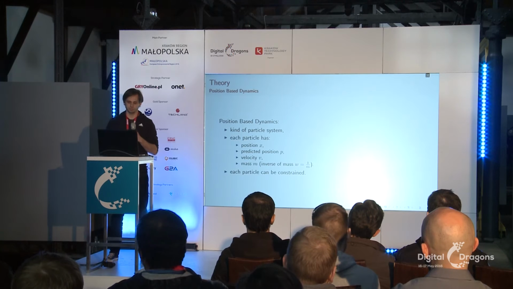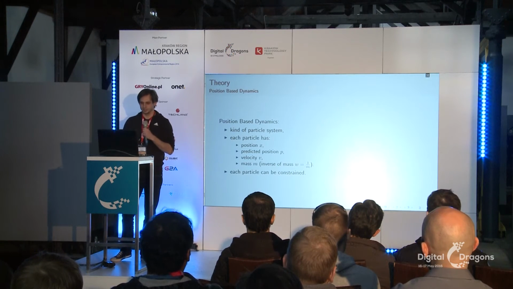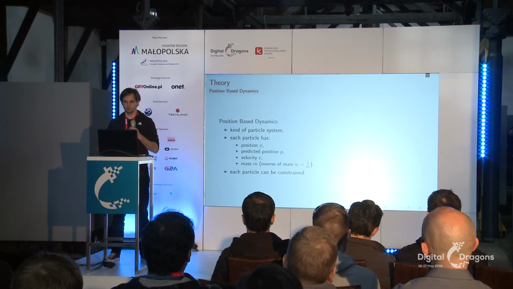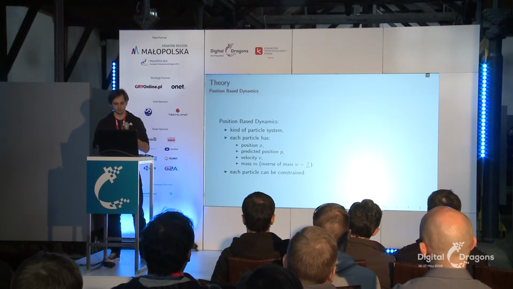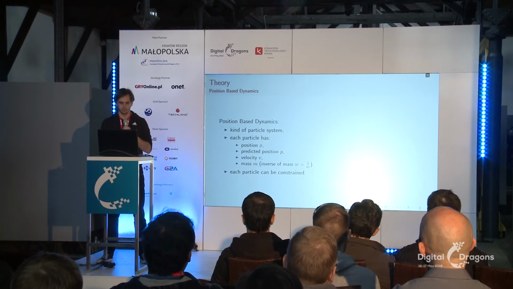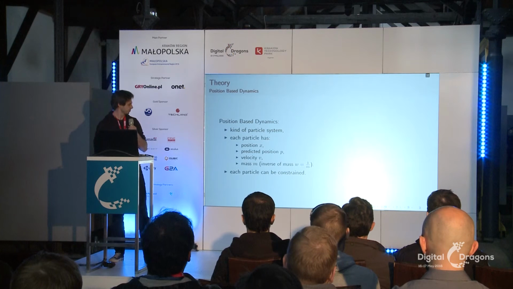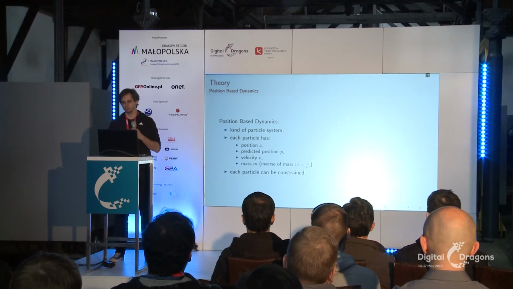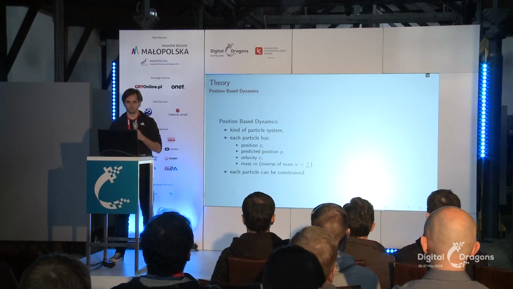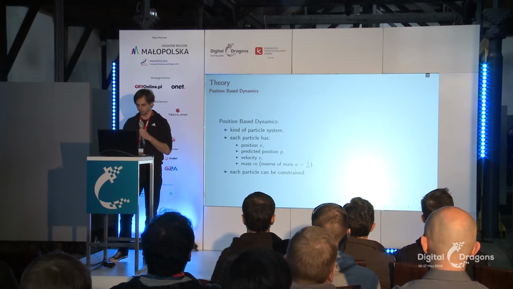But using infinity in our calculation is a bad idea. If you take the inverse of mass, then 1 over infinity is just 0. And that's the solution to this problem. Of course, each particle can be constrained, and depending on what kind of constraint you use in simulation, you can simulate rigid body, fluid, cloth, hair, fur, ropes, whatever you want.